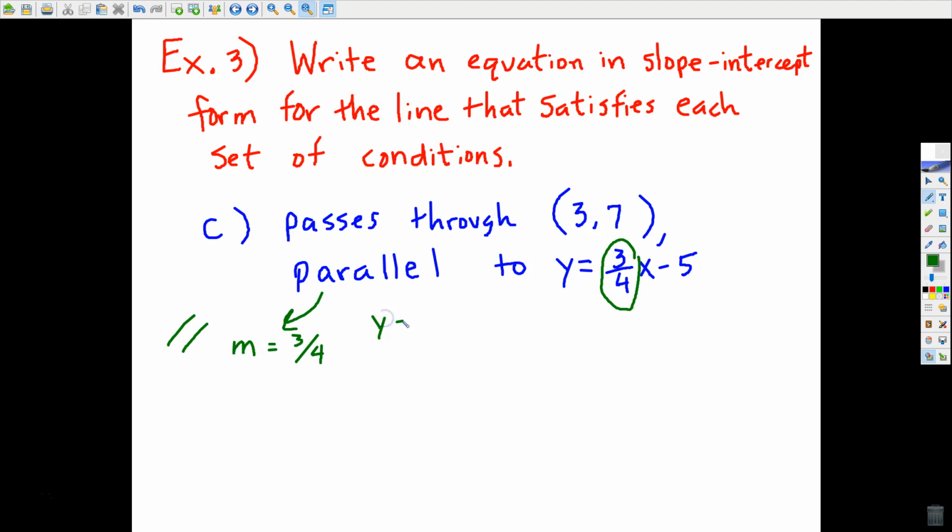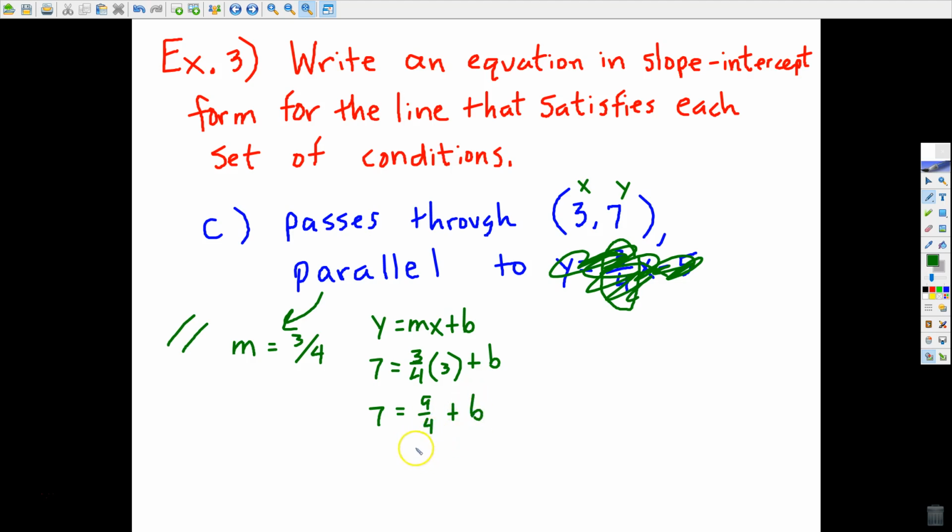So we're going to plug into y equals mx plus b. I'm finished with this equation. Done. Okay, let's plug in: y is 7, m is 3/4, x is 3. We're going to solve for b. 7 equals 9/4 plus b.